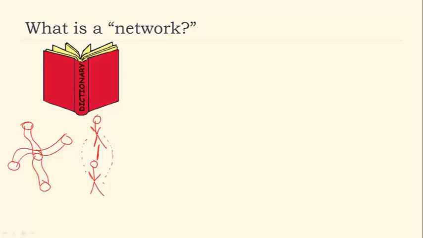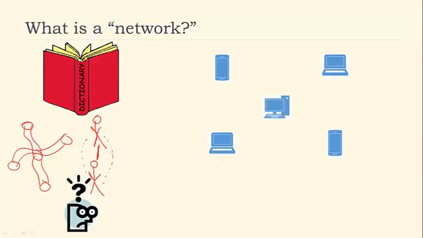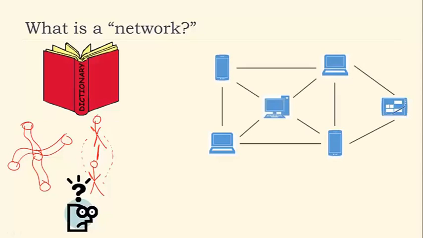Now, these definitions are pretty complicated and have a lot of terms in them, so they might leave you pretty confused. So let's start with something a little simpler. How about a group of people, like you or me, or devices, like smartphones, laptops, desktops, or tablets, that are all connected in some way? Now, these connections may be over a wire, like a cable, or they may be over a wireless connection, like Wi-Fi or cellular from your cell phone.